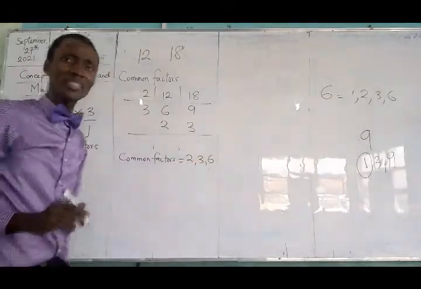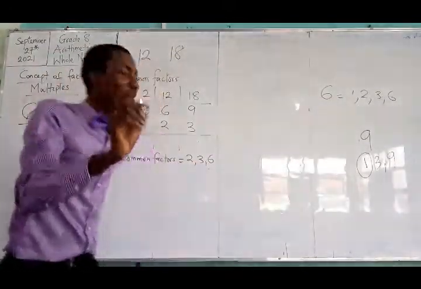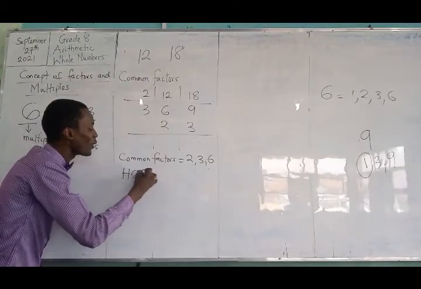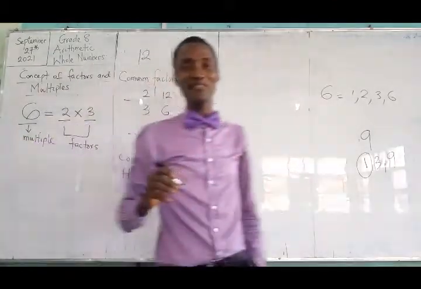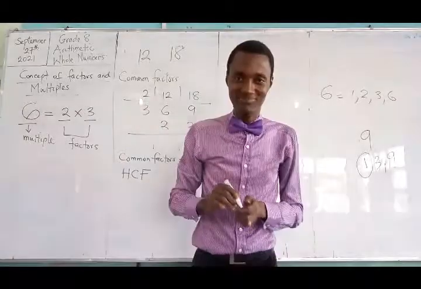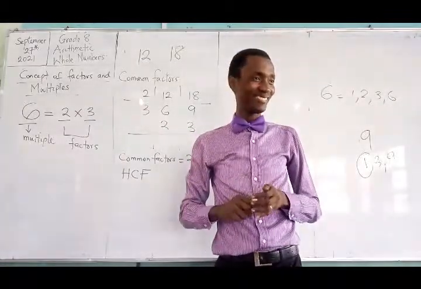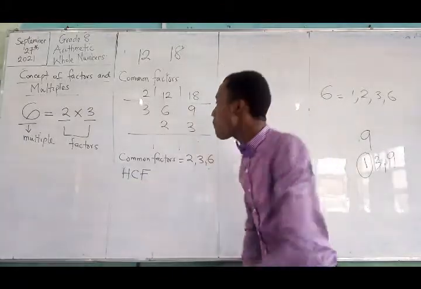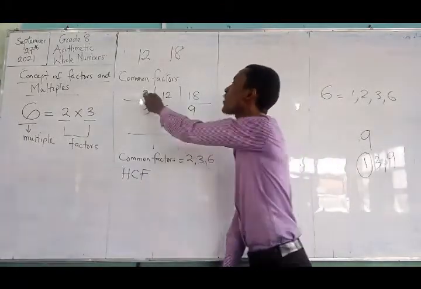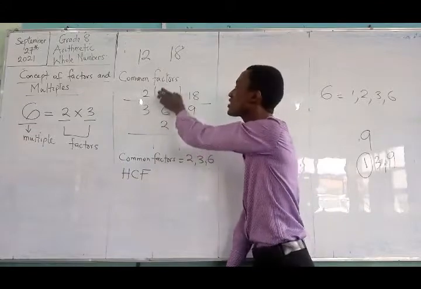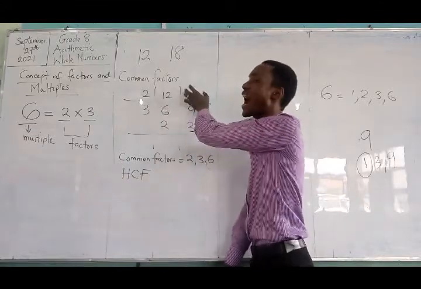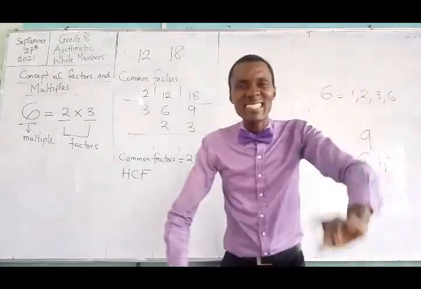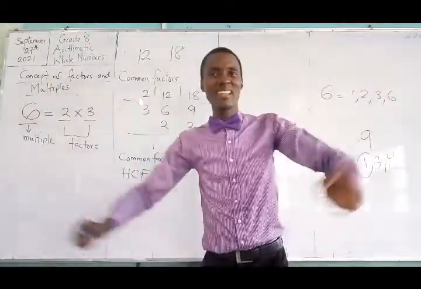Is that not? Now, your teacher, based on this previously, now teased a new series called HCF. No Way Home. Spider-Man. Lovely. So, what is the HCF? Amongst the factors that are common to 12 and 18, there is one that is the highest.